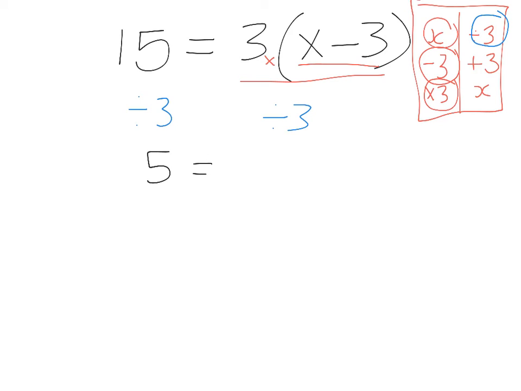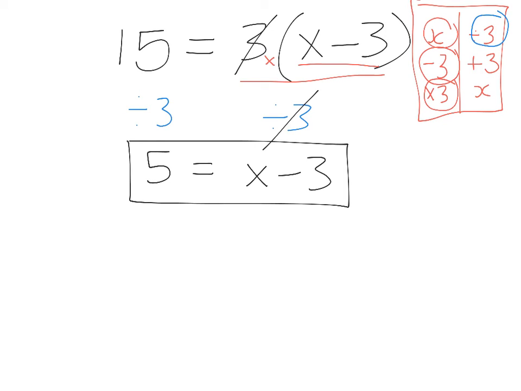Now 3 times x minus 3 divided by 3, 3 divided by 3 is of course 1, and we don't need to write that 1. We can simply write that that's x minus 3. Okay, and that equation looks a whole lot easier to deal with than what we had before. So that's our divide by 3 done.